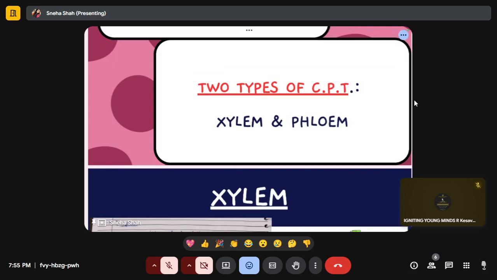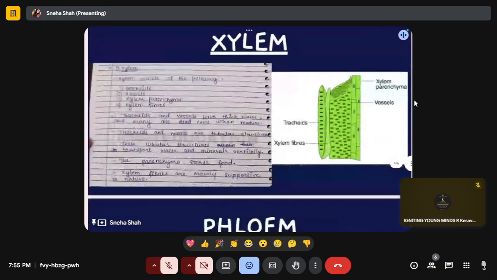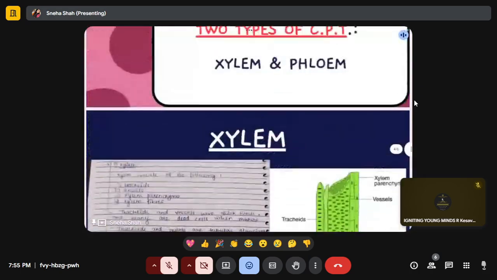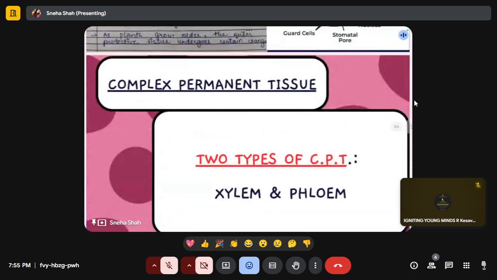Now, like I said, for the assignment you have this much for xylem and this much for phloem. What I want you to do is write down in basic bullet points what xylem does, what the function is, and how it performs that function. I will tell you one thing, it performs the function through the process of conduction.